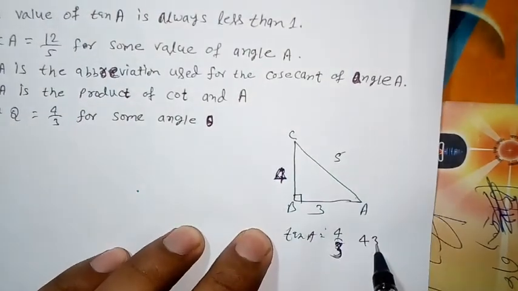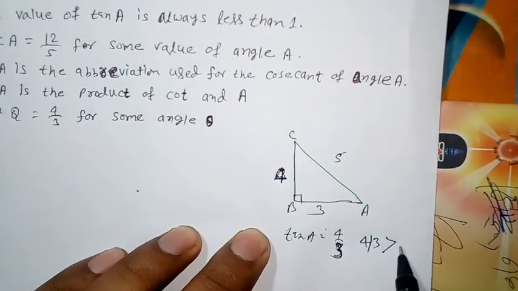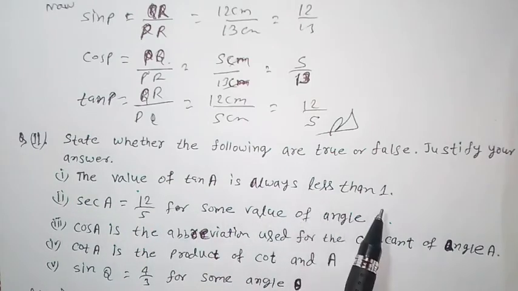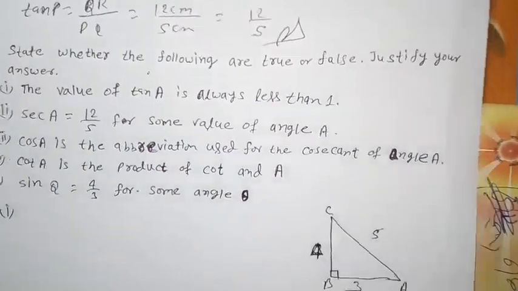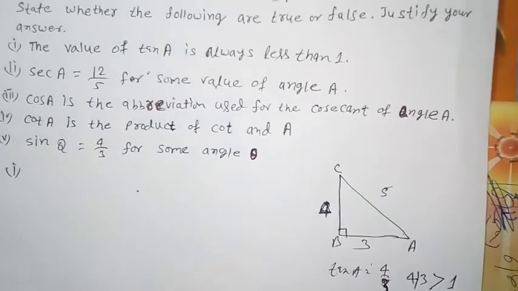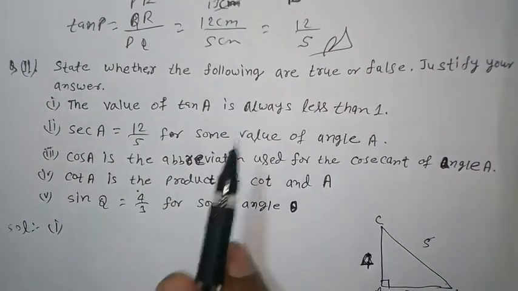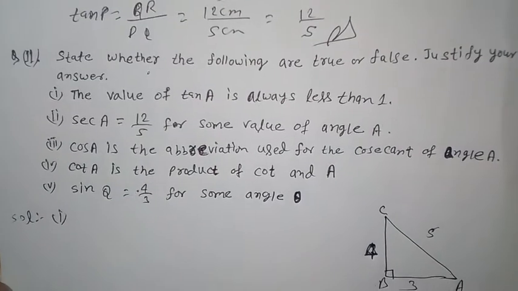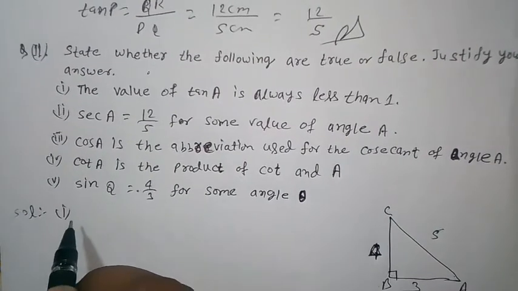The 4 by 3 is greater than 1, but the question says that the value of tan A is always less than 1, but here it is greater than 1, so this is false. Not always. Always means every time, but here not every time. Okay, so this statement is false.